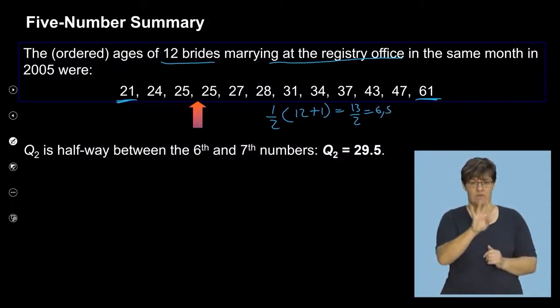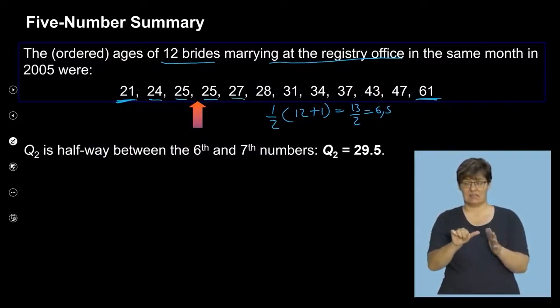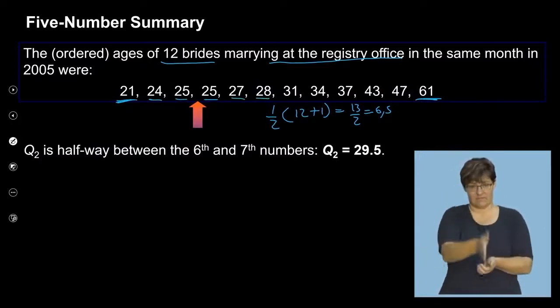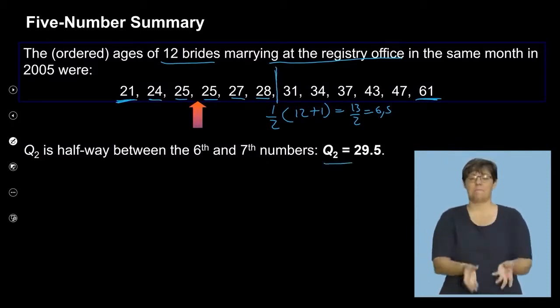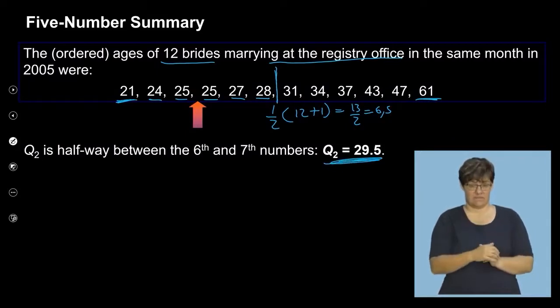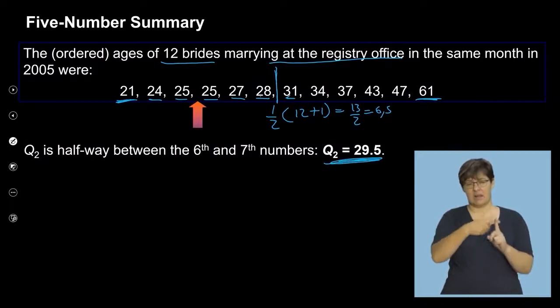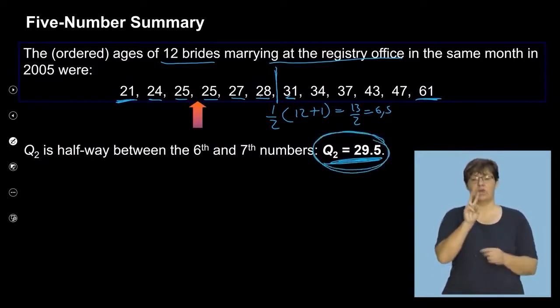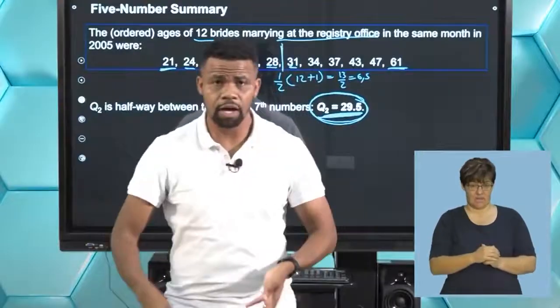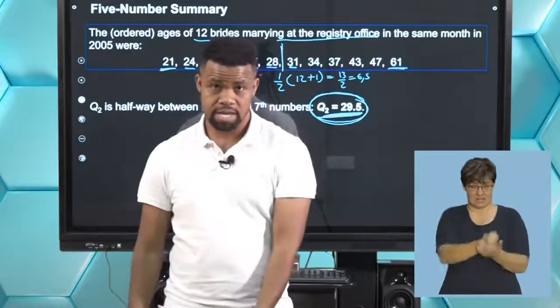This is 1, 2, 3, 4, 5, 6. 6.5 is between 28 and 31. This is how we got the 29.5, which is 28 plus 31 divided by 2, it should give you 29.5. So 29.5 is our median.